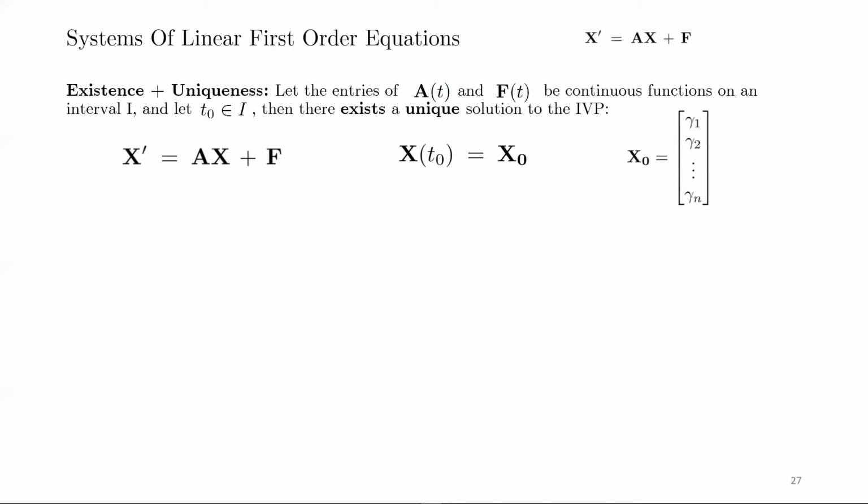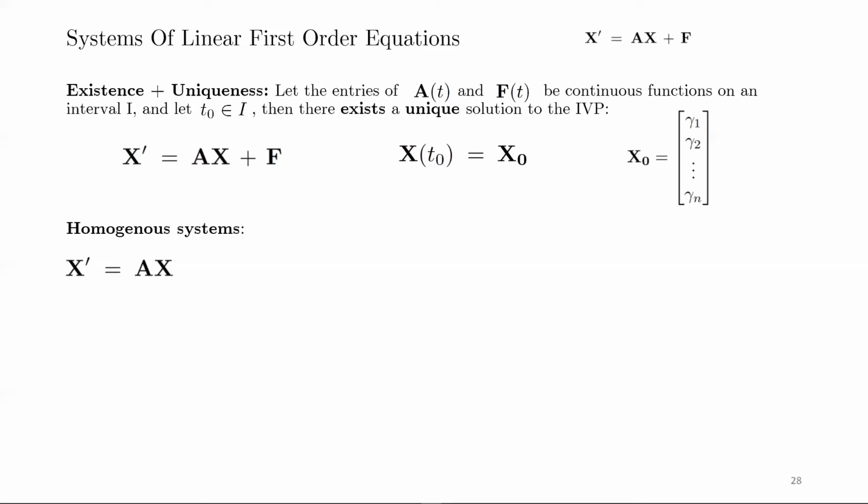If we focus now on homogeneous systems, where the vector F is equal to the 0 vector, so every entry in F is 0, then we have a homogeneous system.